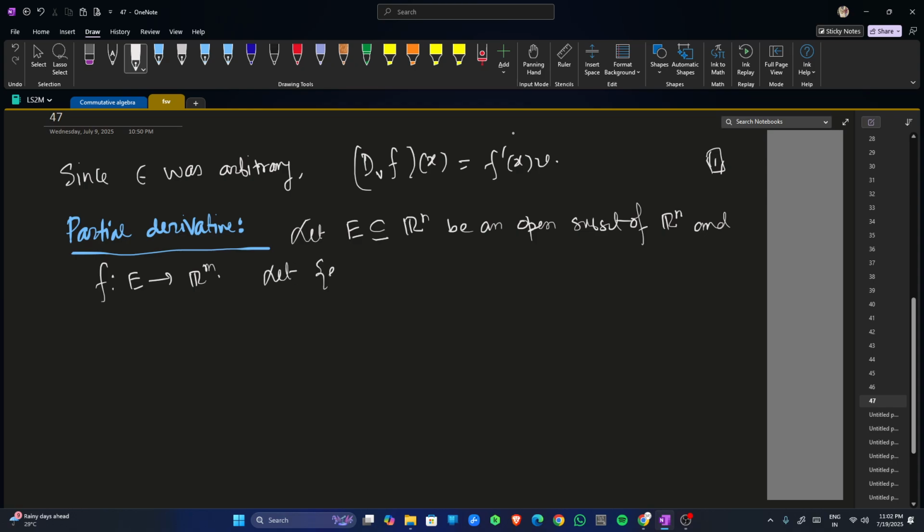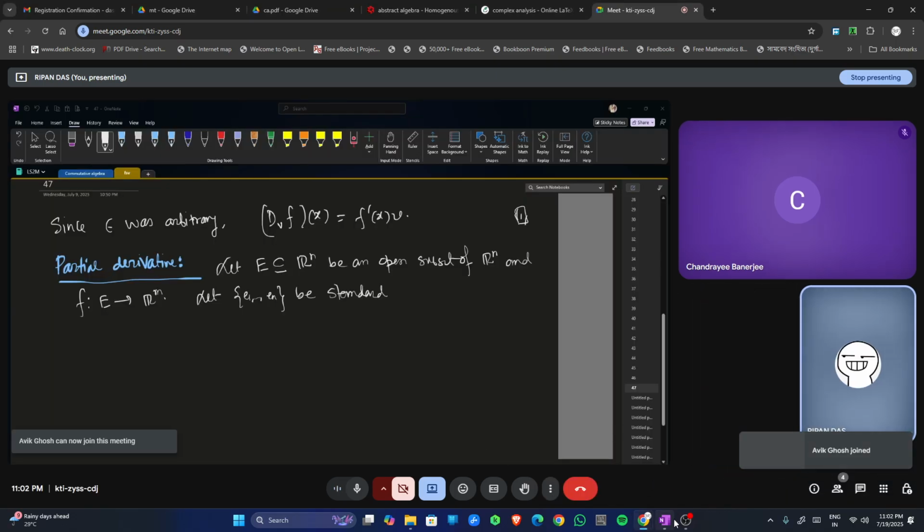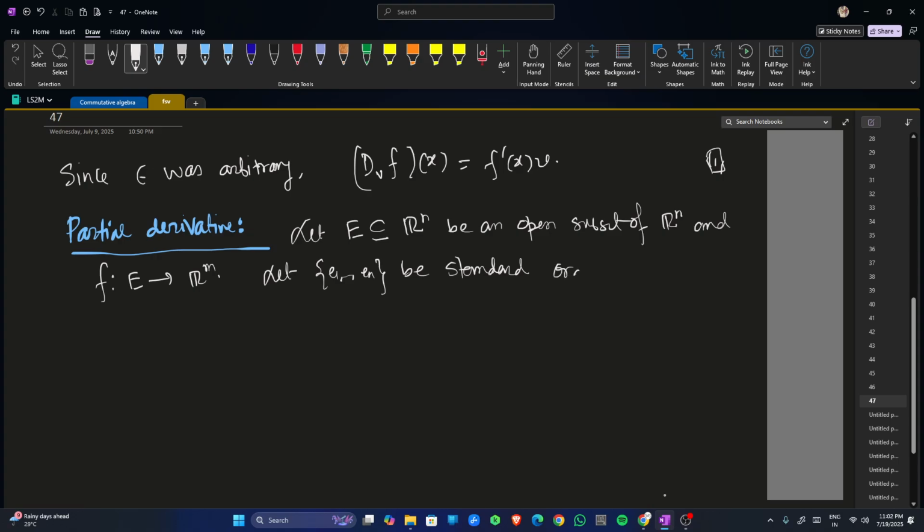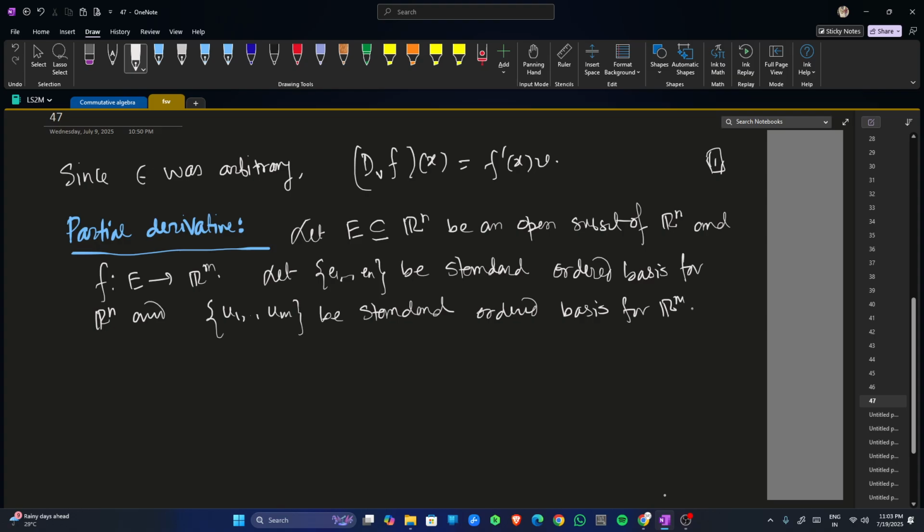Let e1 to en be the standard ordered basis for R^n, and let u1 to um be the standard ordered basis from R^m.